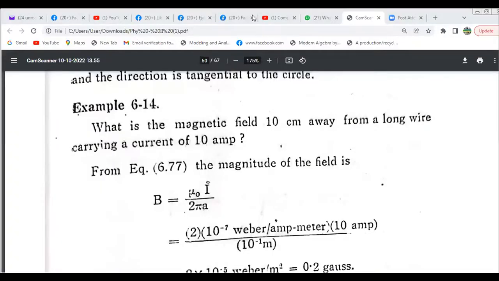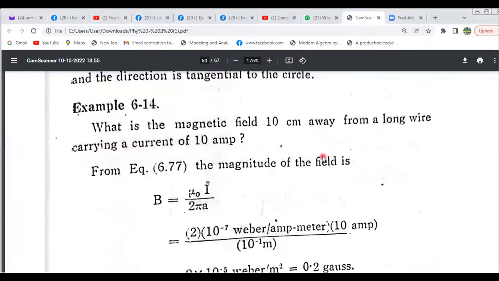There are some most important examples by using Biot-Savart law. What is the magnetic field 10 centimeter away from a long wire carrying current of 10 ampere?